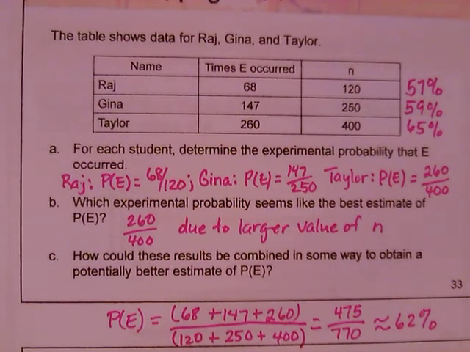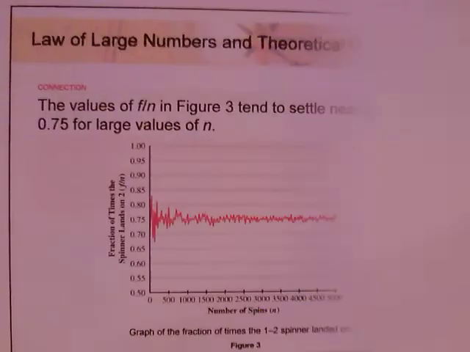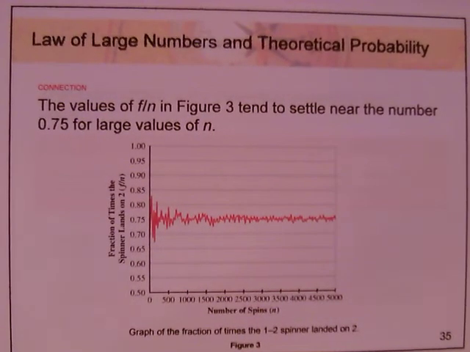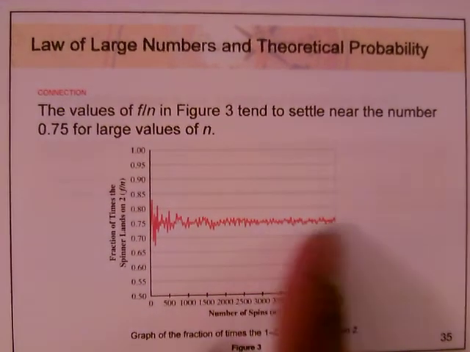Okay. Now let's talk about the law of large numbers and the theoretical probability. So here the values of f divided by n in figure 3 tend to settle near the number 0.75 for large values of n, as you can see in this particular graph given to you.